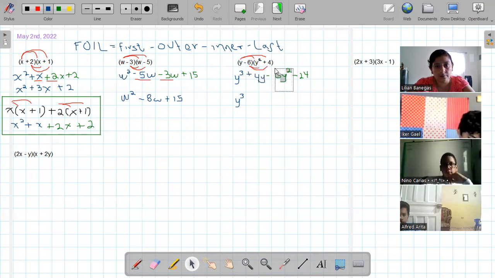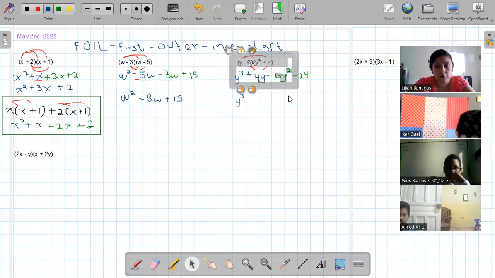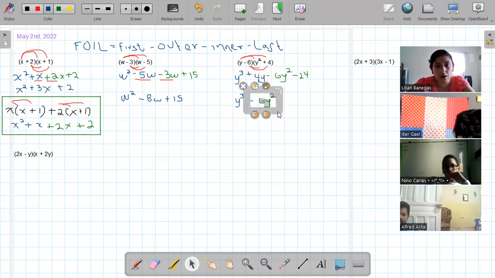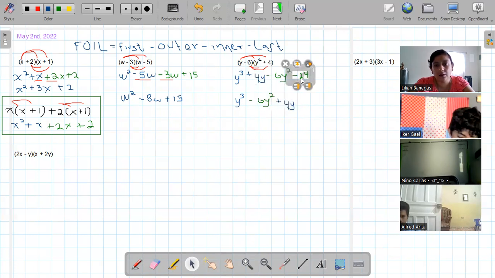So there, I'm copying the one that has an exponent 2, then the one that has an exponent 1, which is 4y, and lastly, the constant.